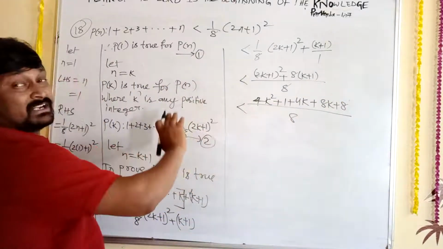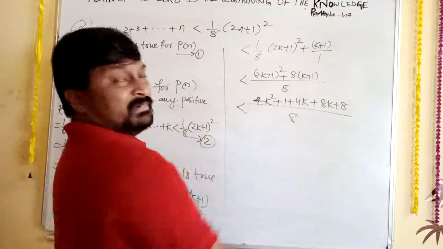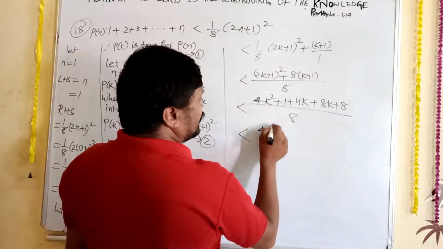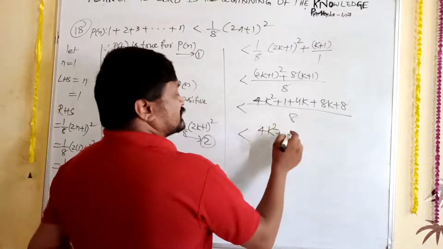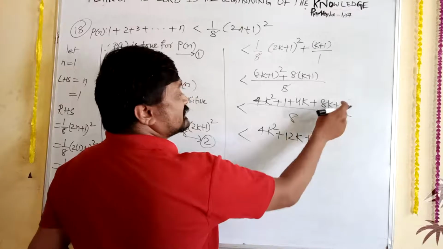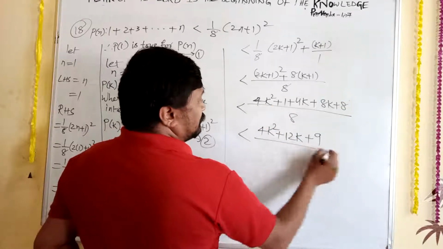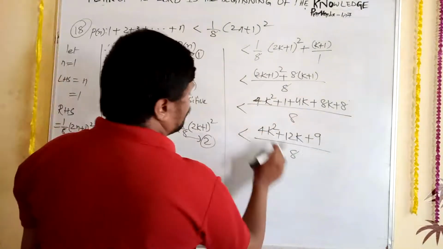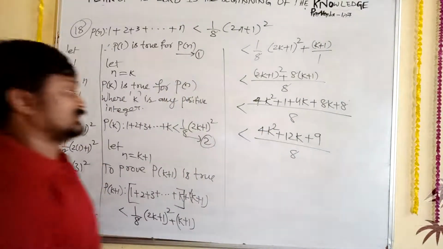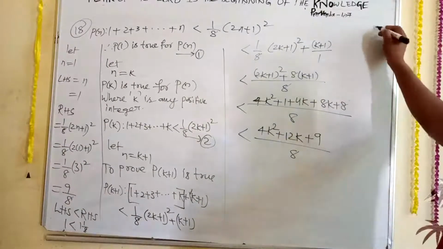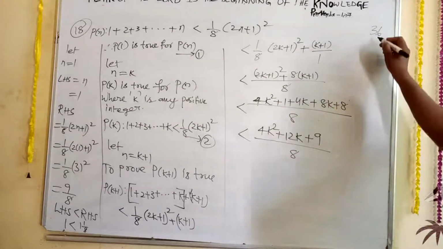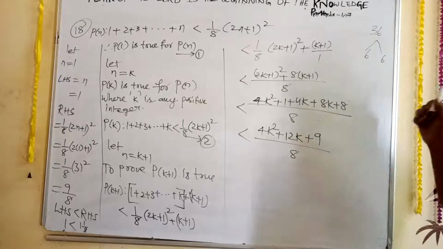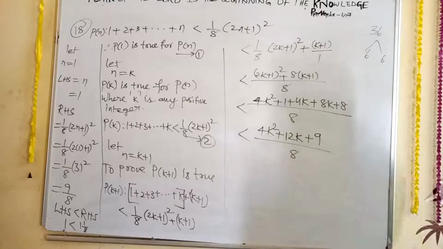Just simplifying, I'm not doing any magic here. Okay, so now less than 4k square plus 8k plus 4k is nothing but 12k, plus 8 plus 1 is 9, upon 8. So now 9 fours are 36. So for 36 we need to check: 6 sixes are 36. 6 plus 6 is 12, it is possible.